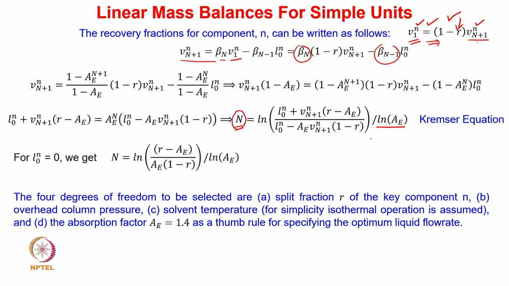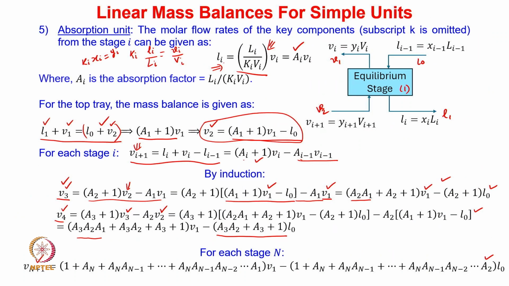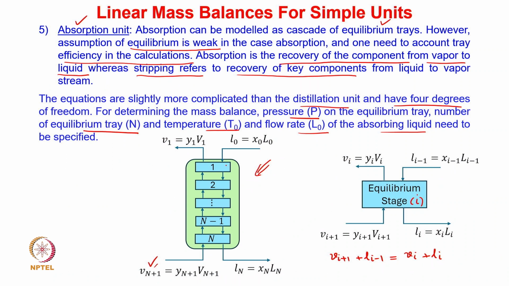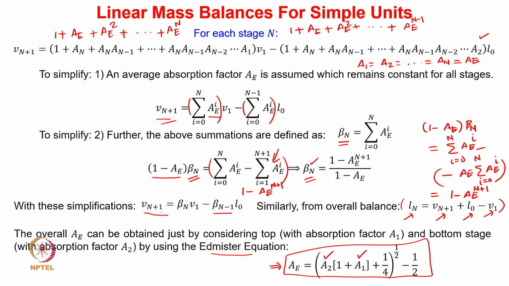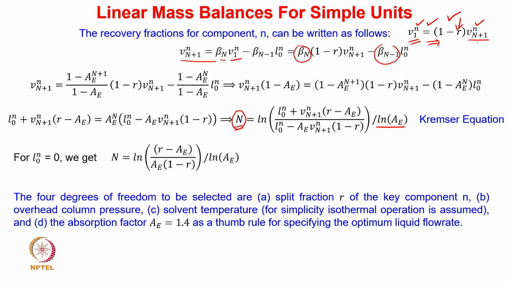You can see that this equation can be simplified immensely. Remember, we can have a pure solvent coming in in this particular case. This L naught need not have any key component here. It could be a pure solvent. In that case, L naught with respect to the key component will be 0.